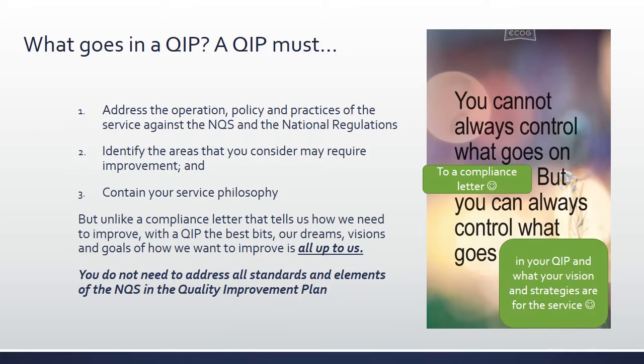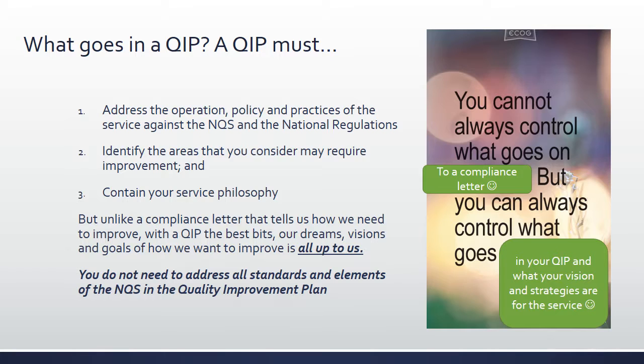So what goes into a QIP? A QIP must address the operation, policy and practices of the service against the national quality standards and the national regulations. A QIP must identify the areas you consider may require improvement, and it must contain your service philosophy.